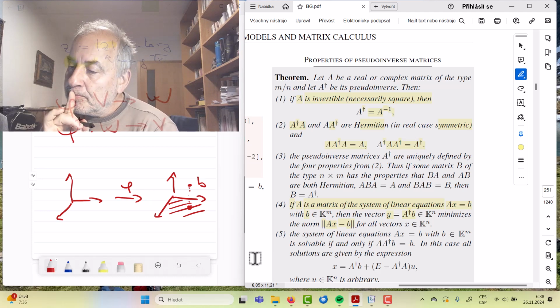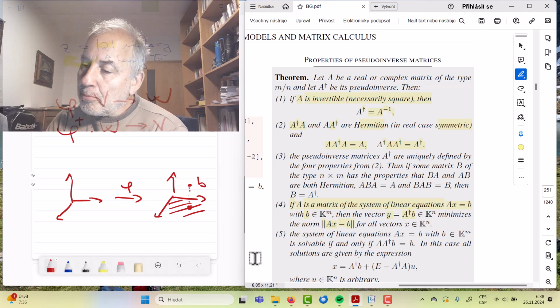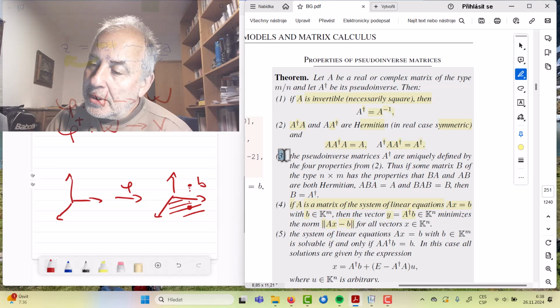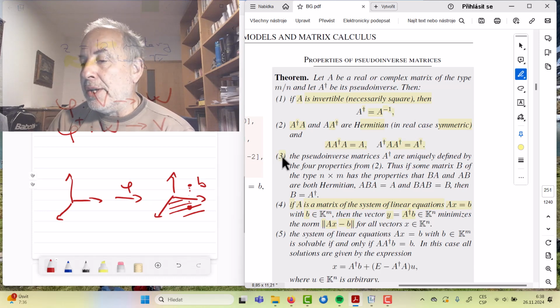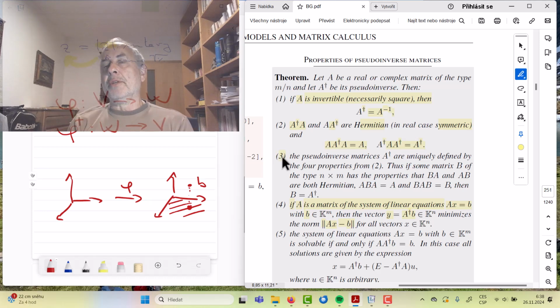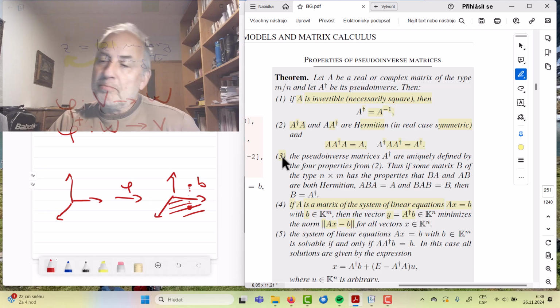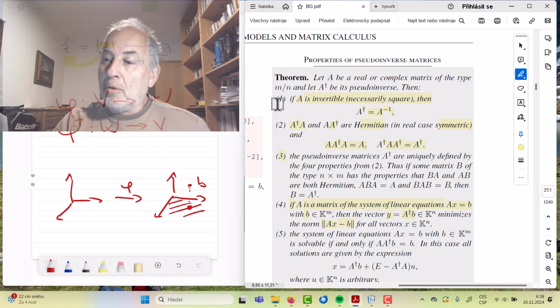So then the third claim is that actually, as usual in mathematics, if you were on the other side, not coming from the singular decomposition theorem, etc., then you might be interested in generalizing the inverse matrices, and you would perhaps just come up with the idea, why not request 1 and 2?